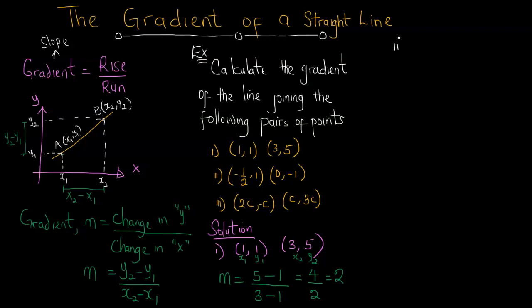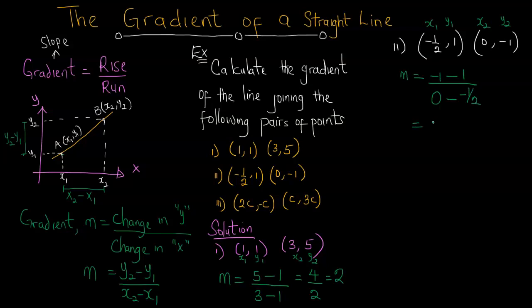The second one, these are the points, negative 1 half, comma 1, and 0, comma negative 1. So as usual, we know the gradient is y2 minus y1 over x2 minus x1. Thus, this is going to be x1, y1, and this is x2, y2. So fitting this into the formula, y2, that's negative 1, minus y1, y1 is 1 here, over x2, that's 0, minus x1, that's negative 1 half.